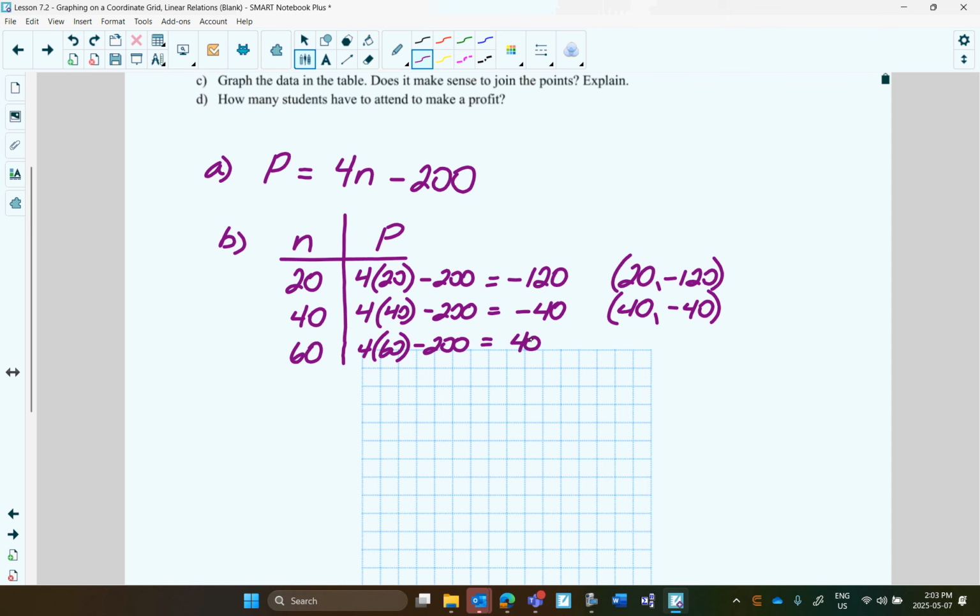So finally, we're making some money. Finally, with 60 students. So obviously, we want more than 60 students in order to make more money for the student council. So now we got to graph this.